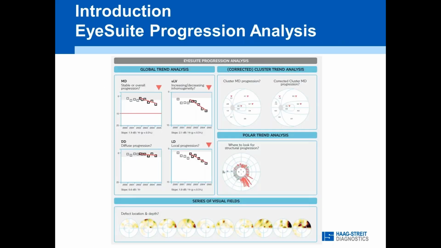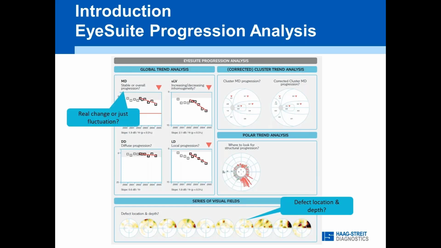So that's why the Octopus offers you a whole tool set to look at visual field progression, and it may be overwhelming at first. So we go through this step by step. The series of visual fields, of course, tells you where the defect is and the depth, and just gives you a very quick, at a glance overview. Then we're looking at mean defect progression. Is there real change or just fluctuation?